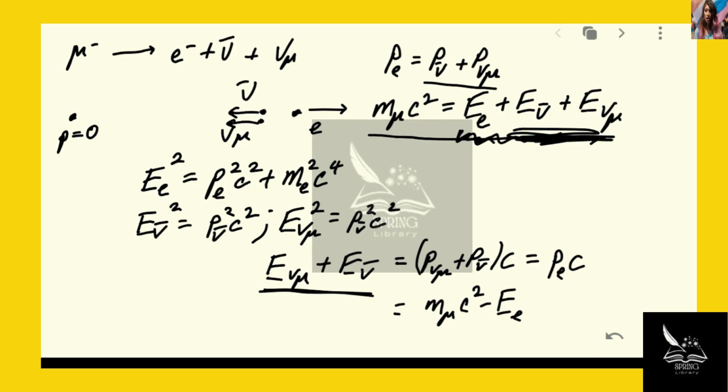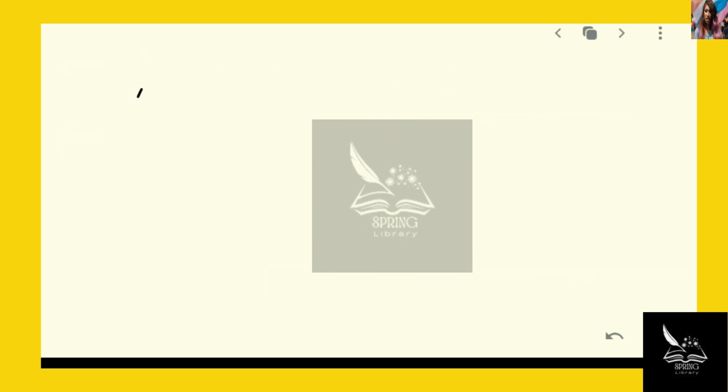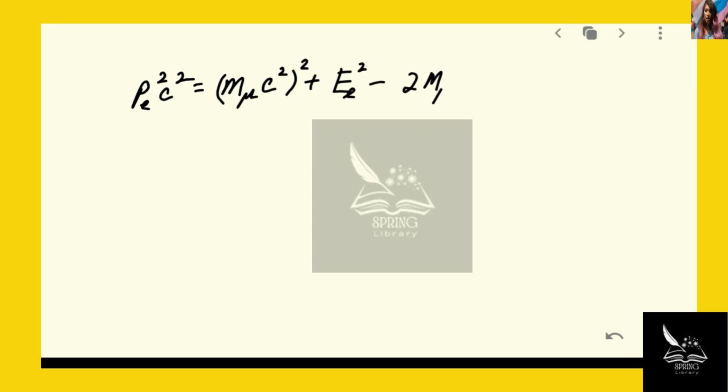Now we can square both of these expressions, and we get p squared c squared equal to the squared expression.